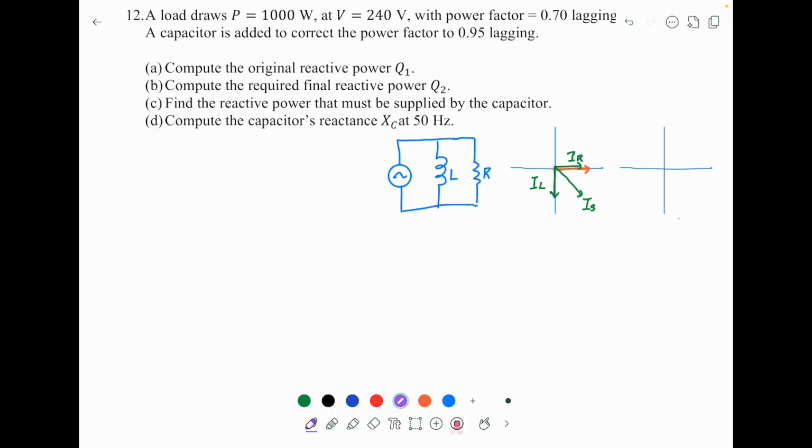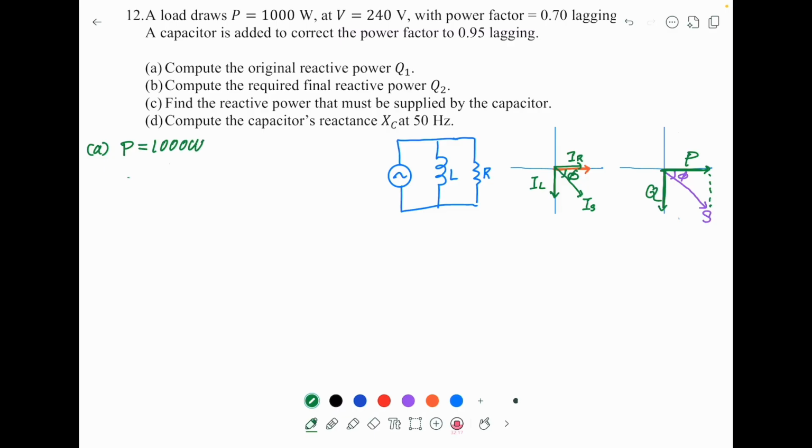Now this is exactly the apparent power, and when the apparent power projects to the resistor, this is the real power P, and this one here is the reactive power Q. The real power P equals 1000 watts.